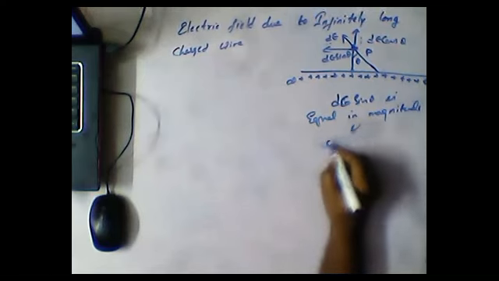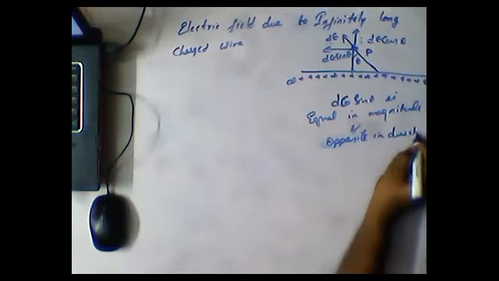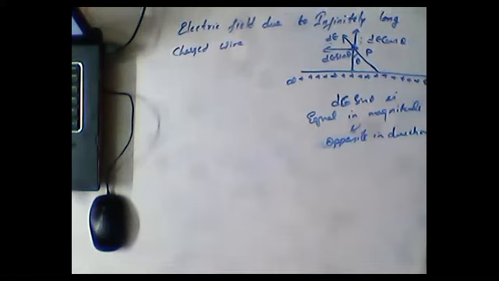If you clearly observe, dE sin theta is equal in magnitude and opposite in direction, so it will get cancelled. Sir, why will it cancel?